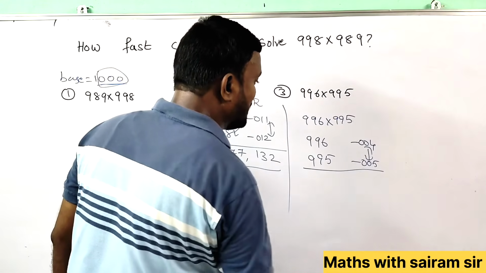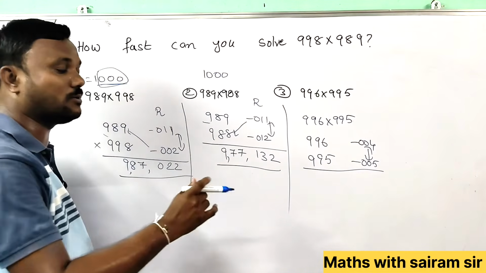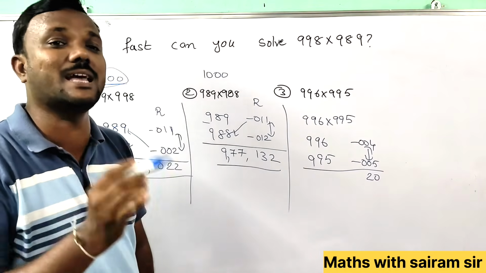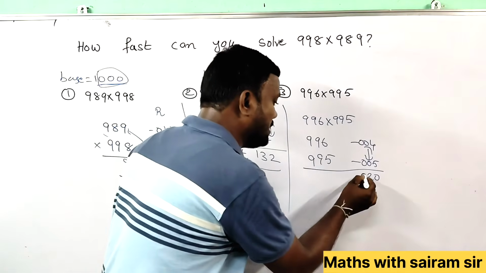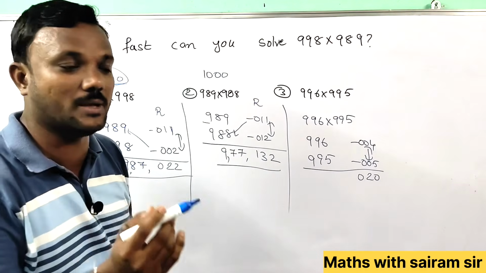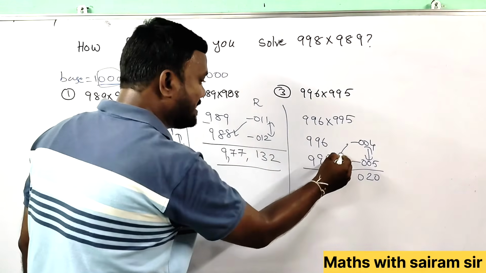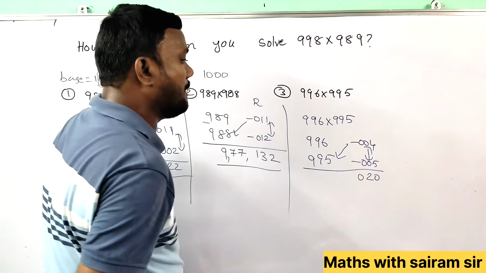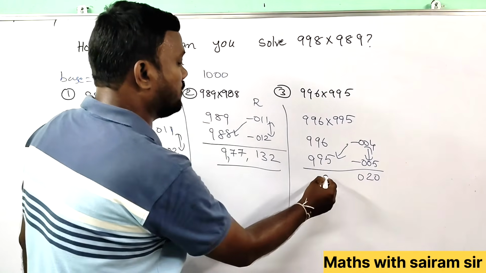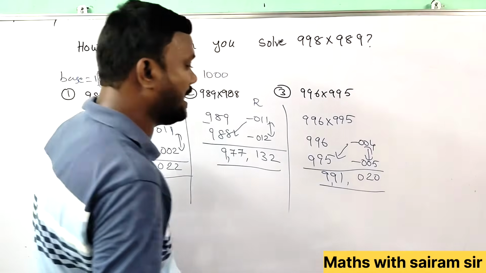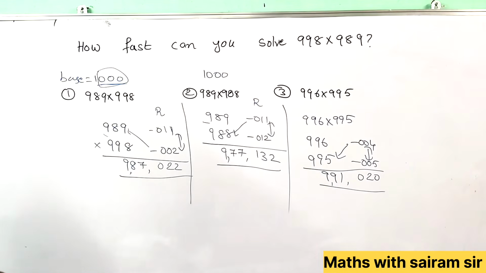Do the multiplication, vertical multiplication. 4 5s are 20, but here we got a 2-digit number. To make this a 3-digit number, we need to take a 0 in front of it, so it becomes 0 2 0. It is of 3 digits, and cross subtraction: 995 minus 4, that is 991 you will get. So our answer is 9,91,020.